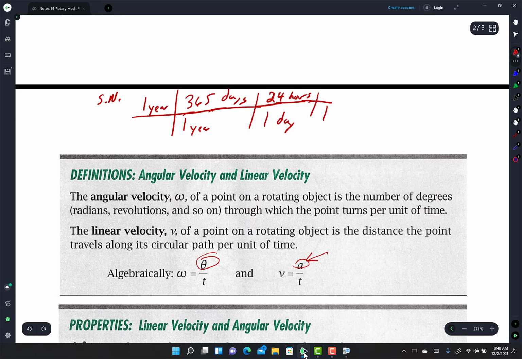And then I'm going to write in 1 hour, how many minutes? 60 minutes. And then in 1 minute, how many seconds? And this is how you use the T-chart. Minutes cancel out, hours cancel out, days cancel out, year cancel out, and you're just left with seconds. So how do you use it? 1 times 365 times 24 times 60, and that will tell you how many seconds there are in a year.